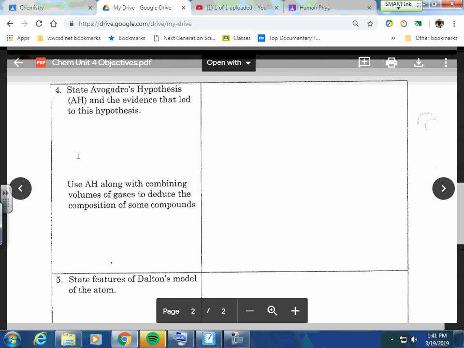Okay, Avogadro's hypothesis. This is what we need to know.